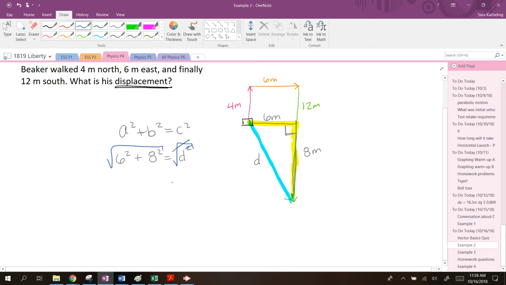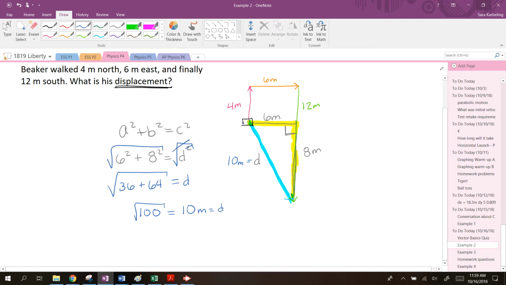The square and the square root go away, so I've got d is equal to, you can do this in your head or on a calculator. 6 squared is 36. 8 squared is 64. The numbers add up really nicely. 36 plus 64 is 100. The square root of 100 is 10. So 10 meters is d. How are we doing so far?